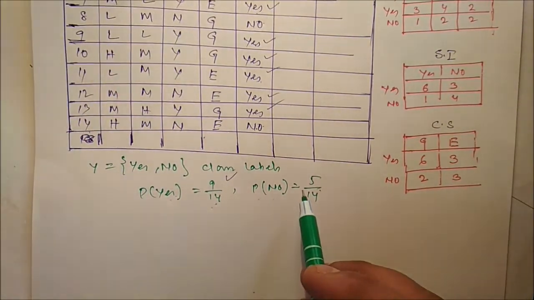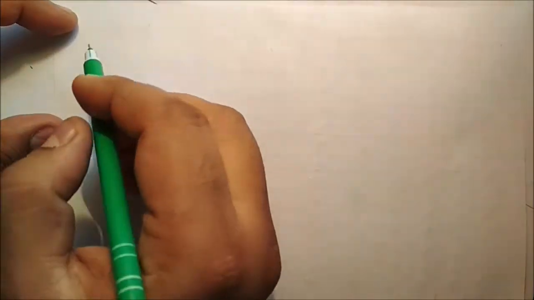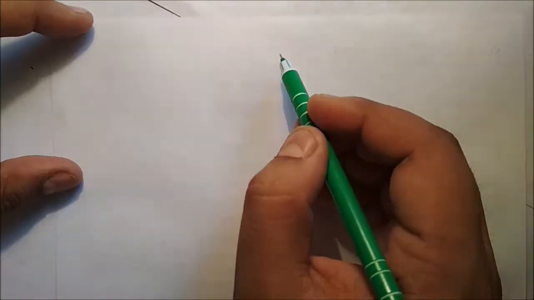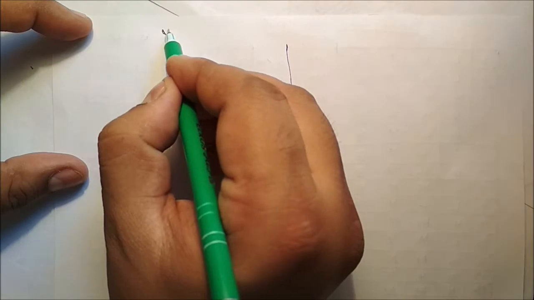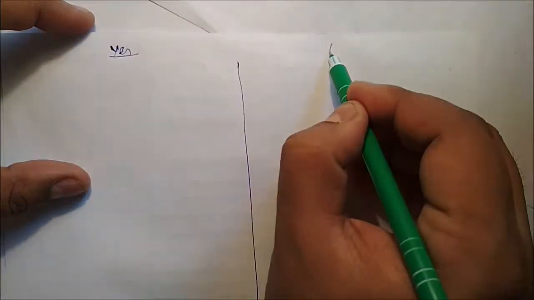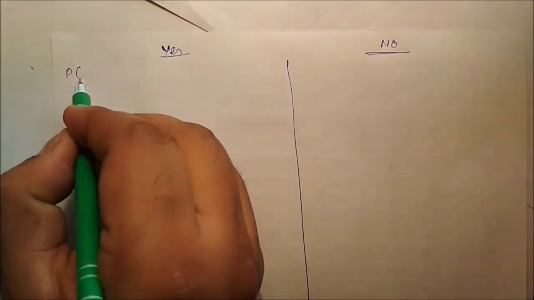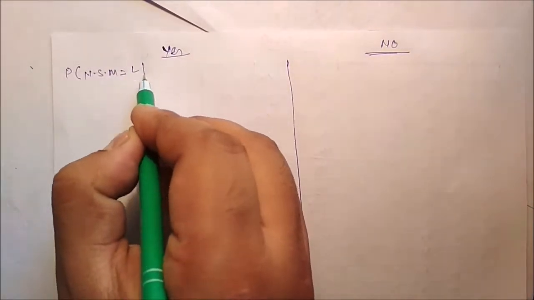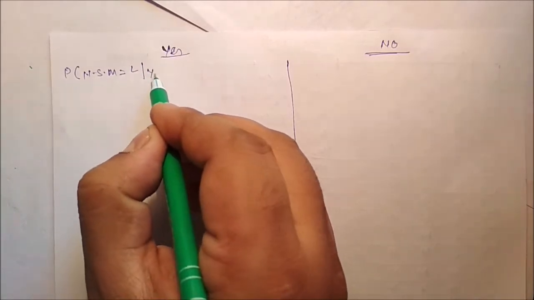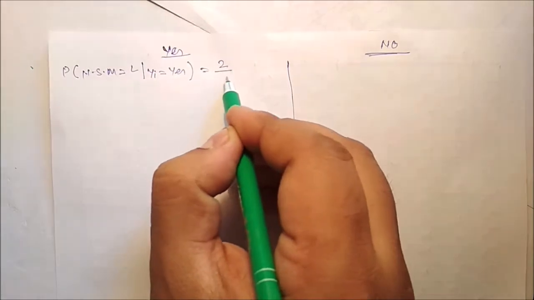Now first of all, we have to identify all the probabilities. Then we will solve one problem. You can see there, we divide this into two parts, the yes class and the no class. So the probability of high school marks equal to low given that the class level is yes is 2 by 9.